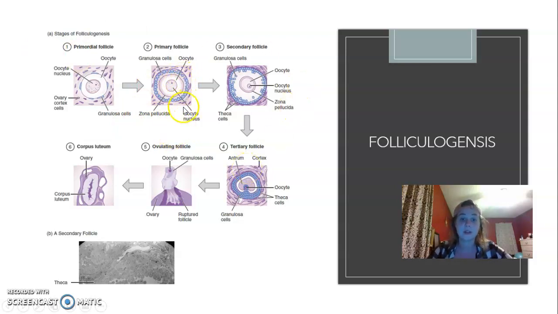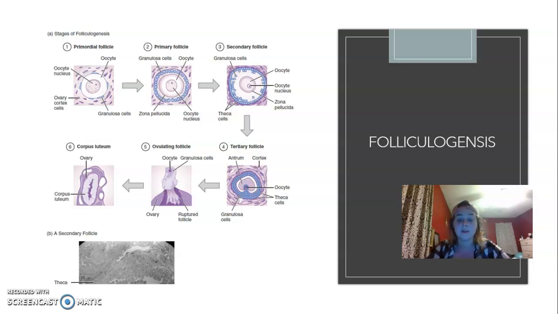So in these we can see as the granulosa cells divide in the follicle, they eventually become secondary follicles. In addition to the secondary follicles, these also have theca cells, which are the cells that work together with the granulosa cells to produce estrogen. And estrogen plays a major role, as we know, in the female reproductive system.